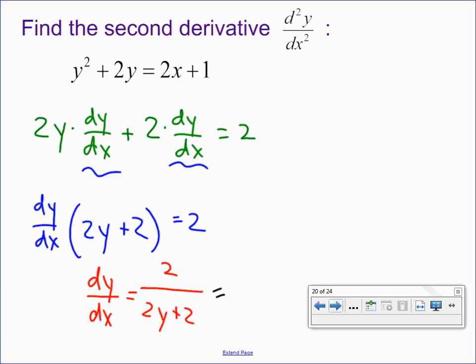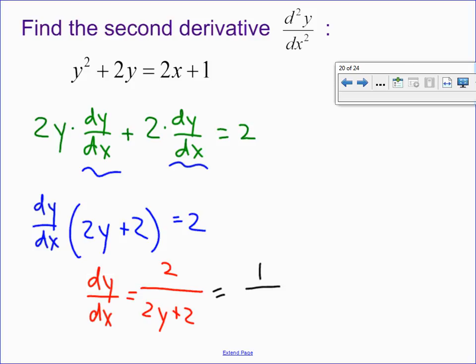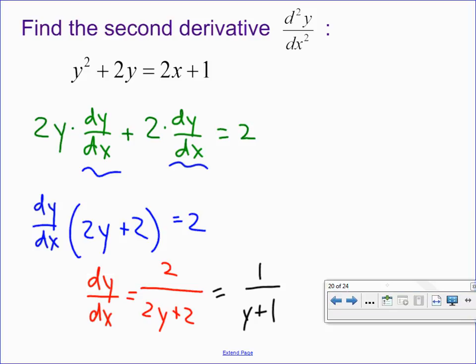Generates an expression for dy dx: dividing out a 2 from all factors gives 2 over y plus 1. Is everybody good with our dy dx? Great, but the problem didn't ask for dy dx, it asked for the second derivative of y with respect to x. So I'm going to go ahead and import this dy dx and rewrite it.